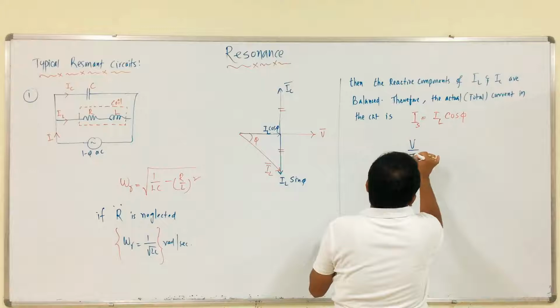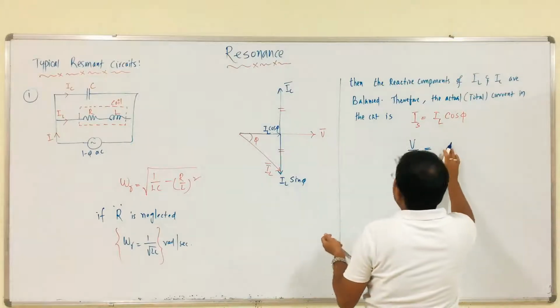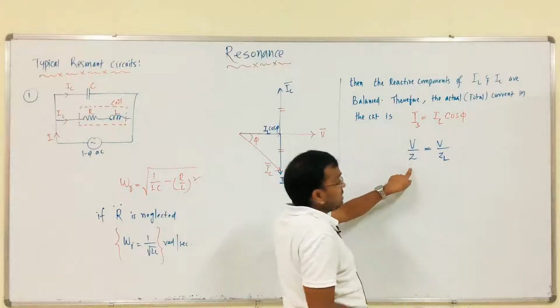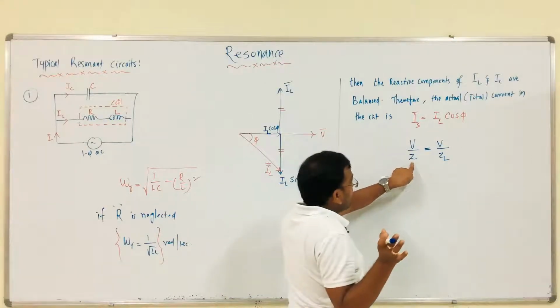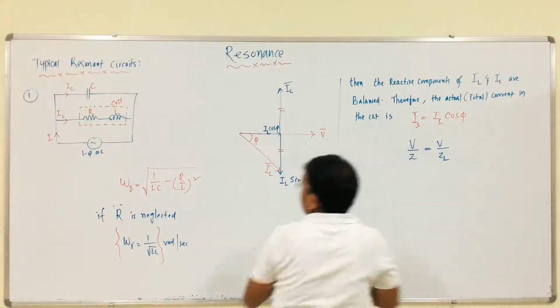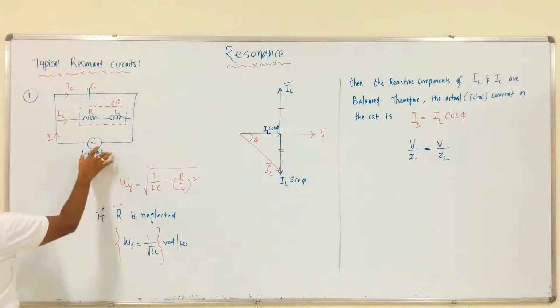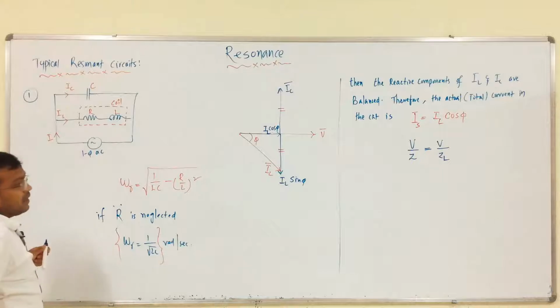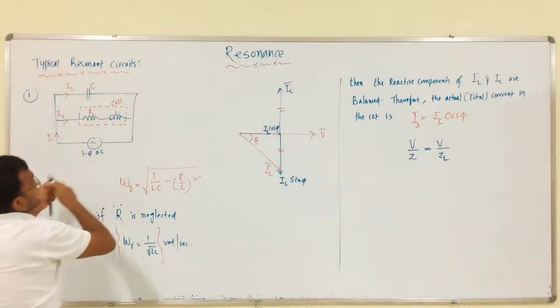So, the total current Is equals I_L cos φ. Then Is is what? Total voltage by impedance, and I_L is V by Z_L. There is a lot of difference between this impedance and this impedance. For this impedance, Z comes under the total part, but coming to Z_L, this part only.